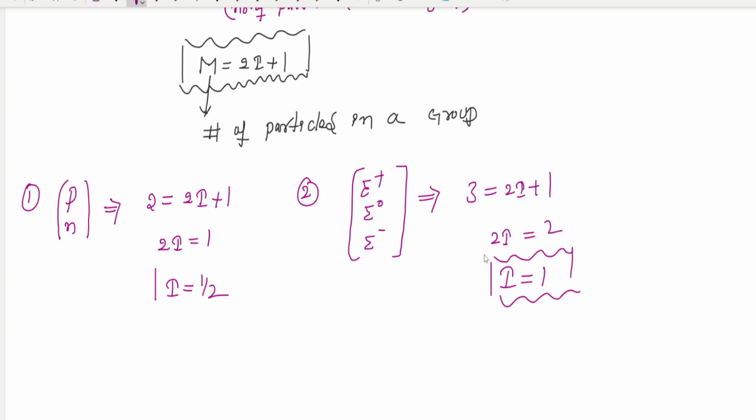The isospin of sigma plus, sigma naught, sigma minus is 1.